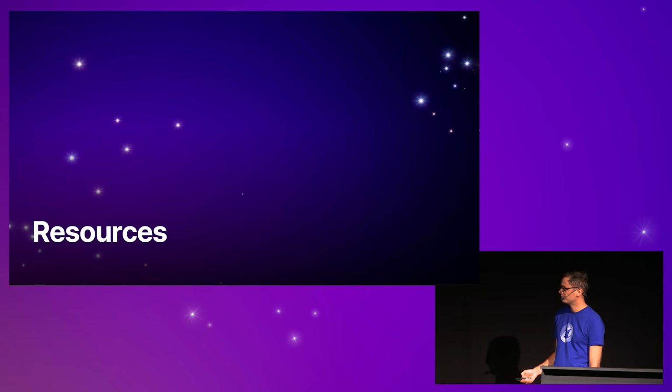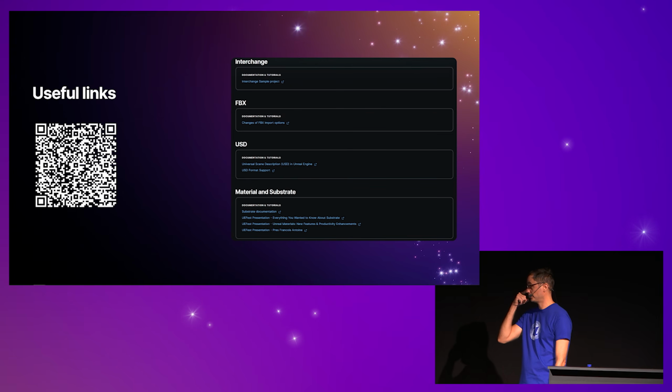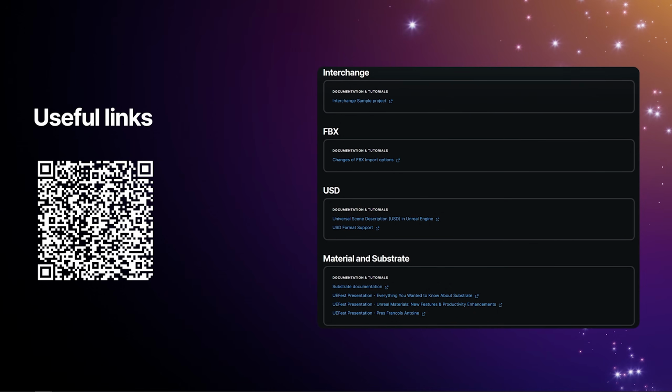So I'm at the end of my talk. There's a QR code to a page online that I'm going to update. What you are going to find on this page is, for Interchange, the link to the sample project. You get a learning page where you have a description of what the project does, what the different pipelines you can modify are, how we set up the project, and where the translators and factories are.